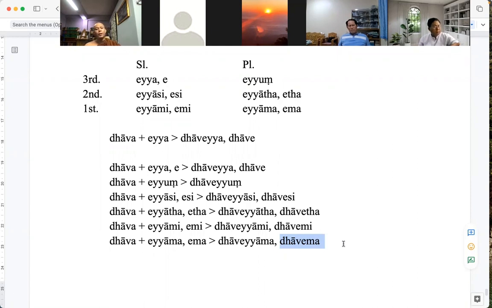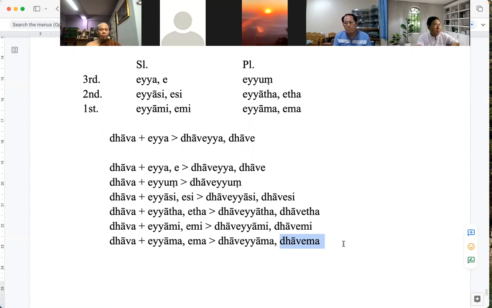So getcha, getcheya, getcheyo, getcheyasi, getcheyata, getcheyami, getcheyama, getchema. All of the ending bases are the same as dawa. In the same way, wasa means to live: wasiya, wasiyo, wasiyasi, wasiyata, wasita, wasiyami, wasimi, wasiyama, wasima. And then the data base: dateya, dateyo, dateyasi, dateyata, dateyami, dateyama, datema.